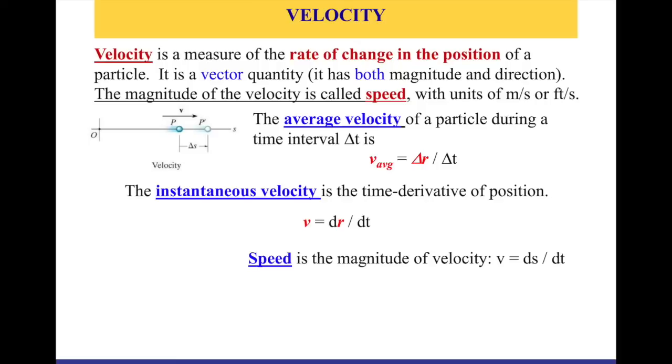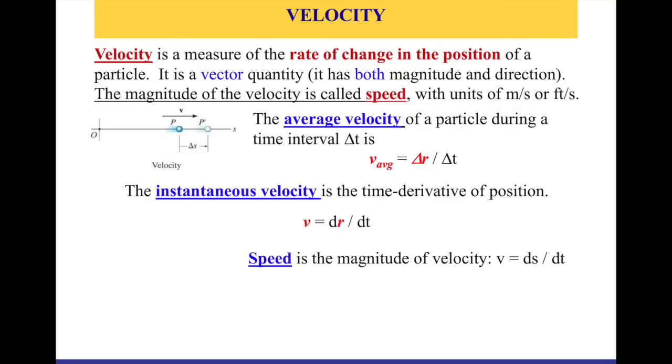If you make smaller and smaller values of delta t, the magnitude of delta r or delta s becomes smaller and smaller, and consequently we get the instantaneous velocity, defined as v, which is dr over dt.